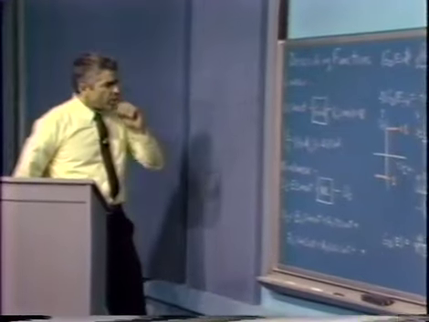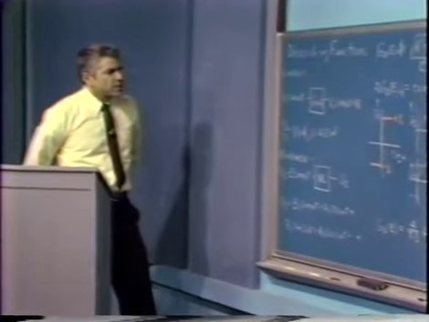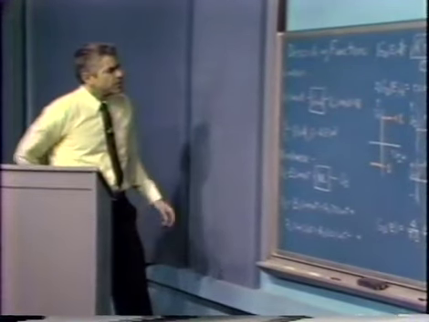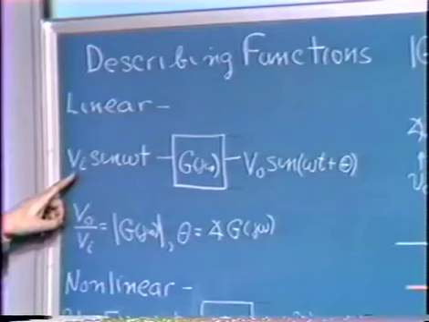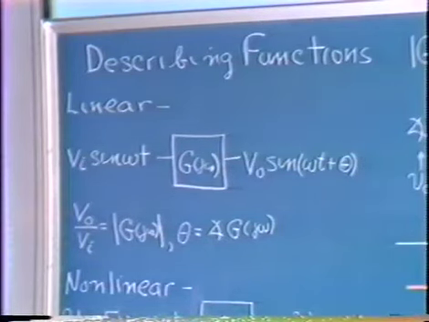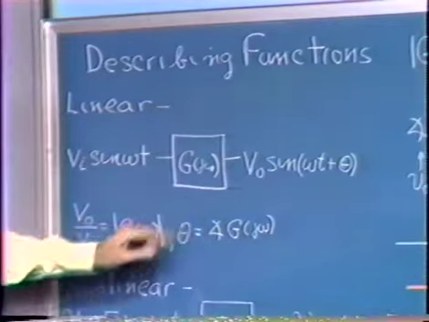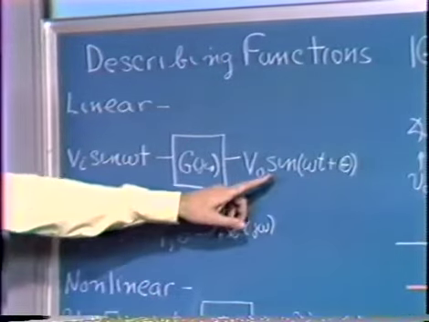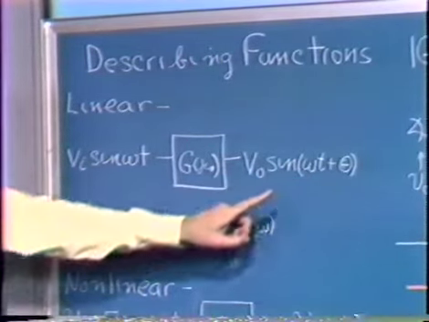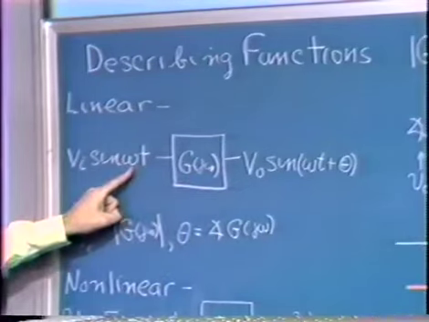Remember how we define the transfer function of a linear system. Suppose we excite a linear system with an input sinusoid, Vi sine omega t, and we allow the system to reach steady state. In other words, we wait until all of the startup transients have died out. Under those conditions, if the system is linear, the output again will be a sinusoid at the same frequency as the input.